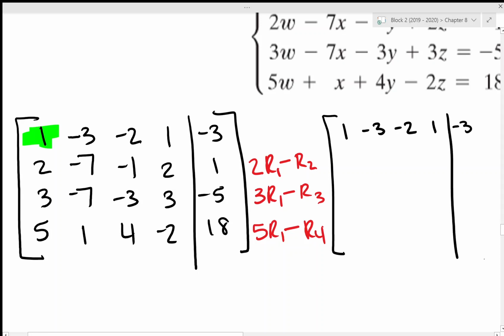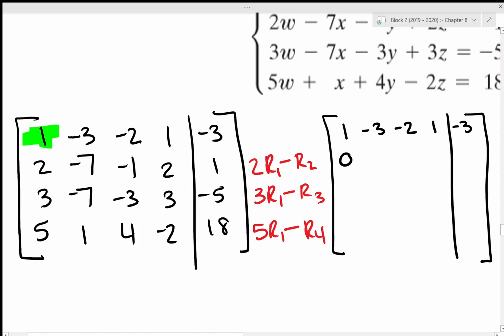So, I wrote it out. Now, 1 times 2 is 2, minus 2 is 0. 1 times -3 is -3, minus -7, so plus 7 is 4. Wait. I'm supposed to be multiplying by 2. I'm okay.